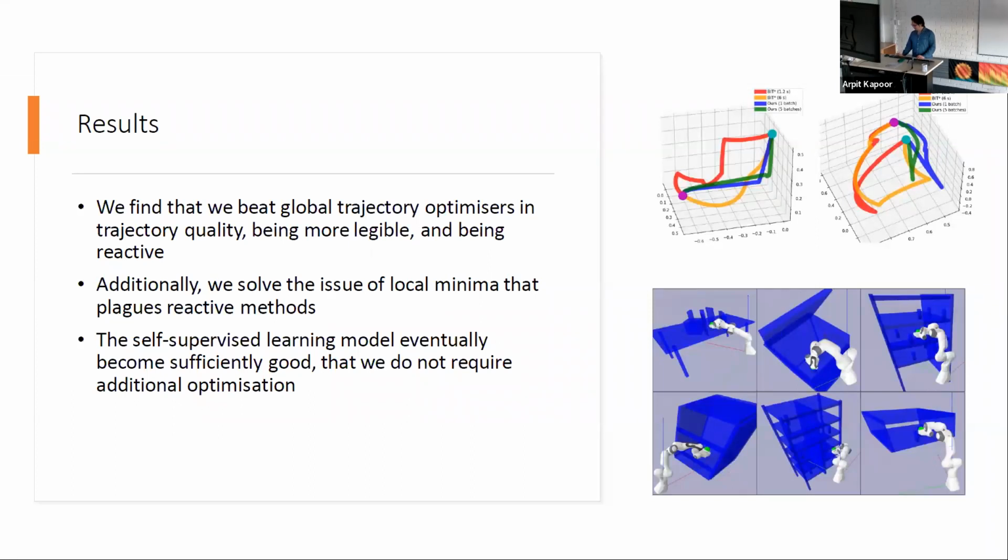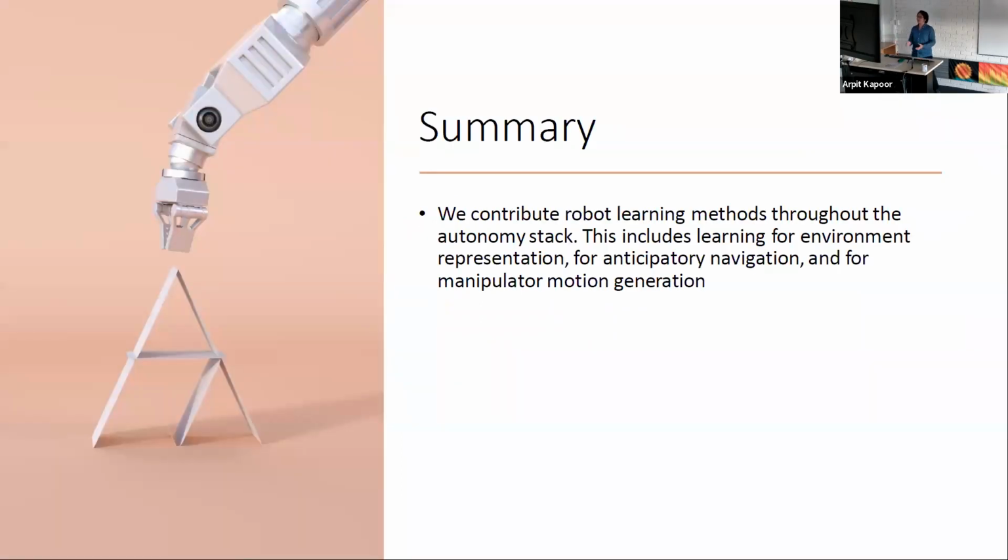Okay, so let me summarize. We contribute robot learning methods throughout the autonomy stack. If you think about the types of problems that we've looked at here, they live in different parts of the robot, so to speak, right? Robots are fairly interdisciplinary, in the sense that there are people working on sensors, on state estimation, on planning, on control. These are fairly separate.